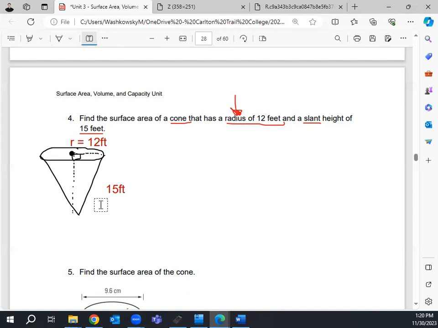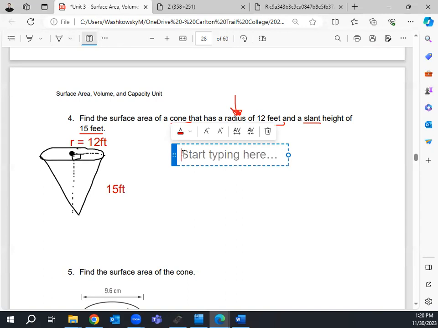Now, in this case here, does a cone have a formula? Yeah, pi r s. So my surface area of my cone is equal to pi times r. You don't need to put these times in either.